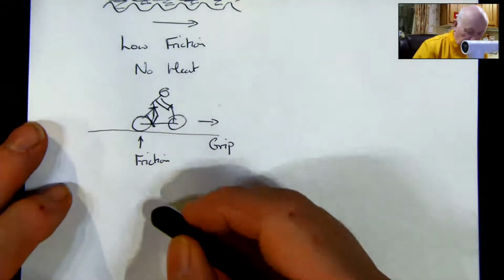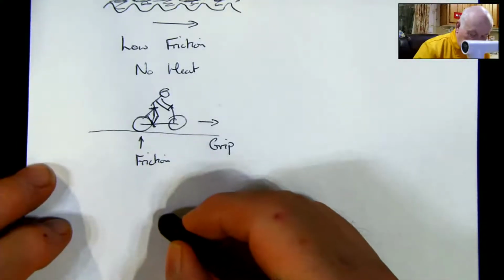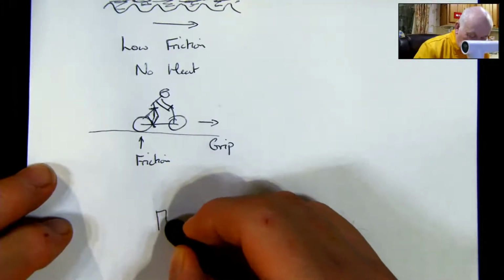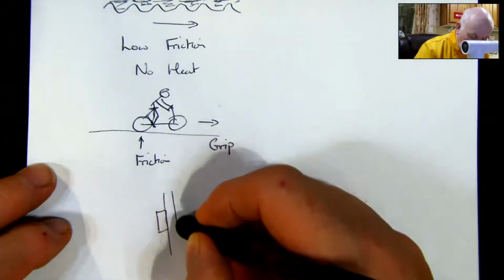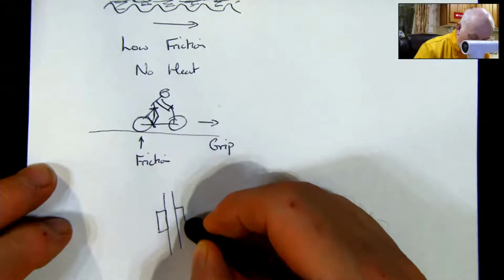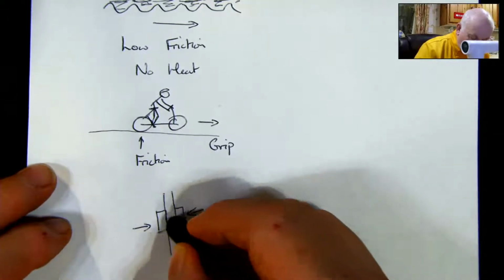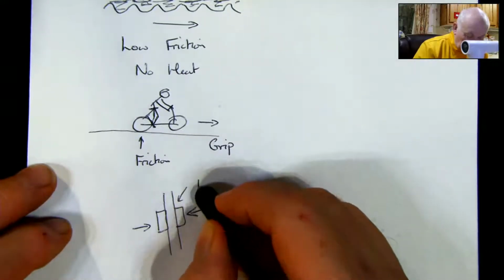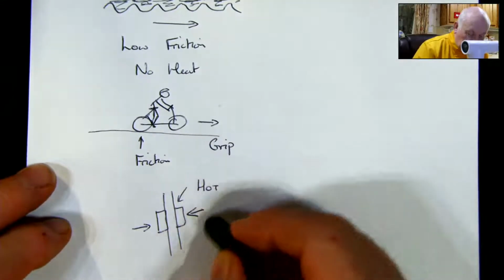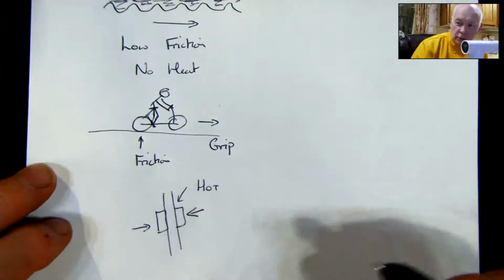The same is true when you're trying to stop, and if you know how brakes work on a bicycle, we have two brake blocks and they move in and squeeze on the tire. And of course, this gets hot, and that's how it brakes.